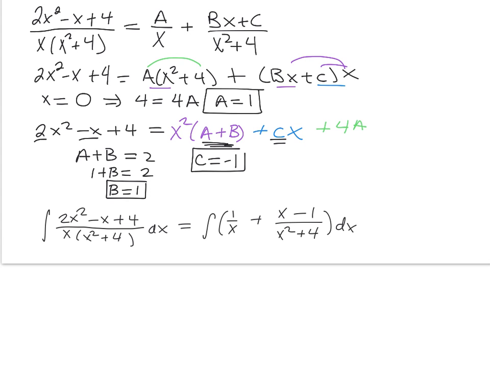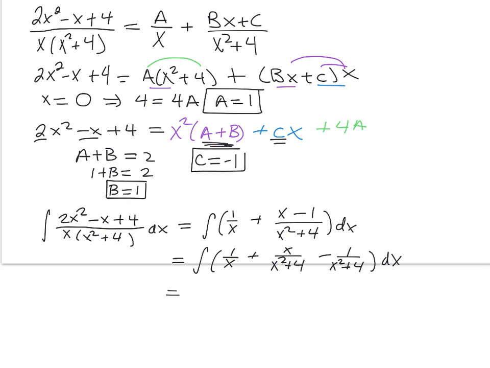The second one, you're really hoping you could use substitution, but that's not going to work because x squared plus 4's derivative is 2x, and you have x minus 1 up top. So what you have to do is break that into two fractions as follows. Make it into x over x squared plus 4 minus 1 over x squared plus 4. And now you can integrate term by term, and it shouldn't be horrible.